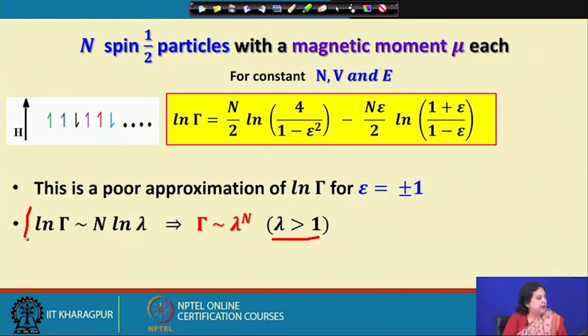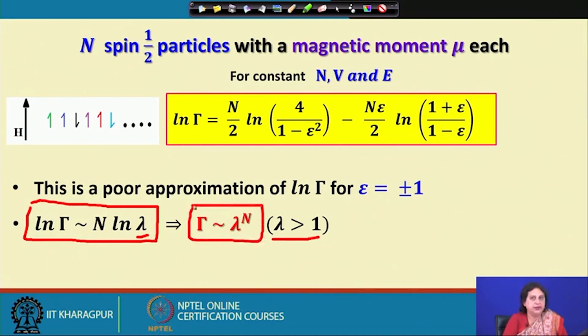So, basically I can rewrite the equation shown above as natural logarithm of gamma, that is the number of microstates, actually would go something like capital N, the number of particles present in the system, multiplied by the natural logarithm of a number lambda, where lambda is greater than 1. So, what does it mean? It means that the number gamma itself can be given by lambda to the power of N, where lambda is greater than 1.